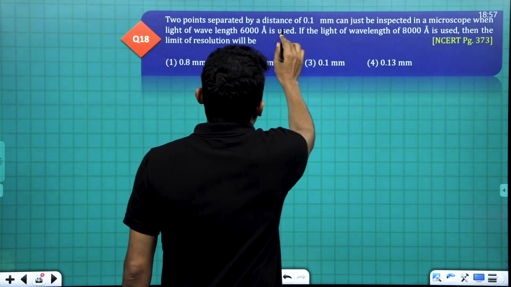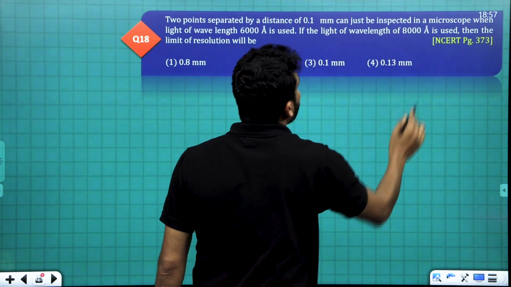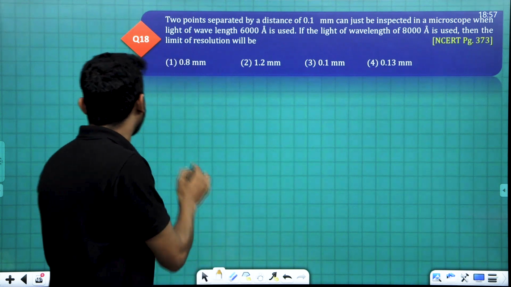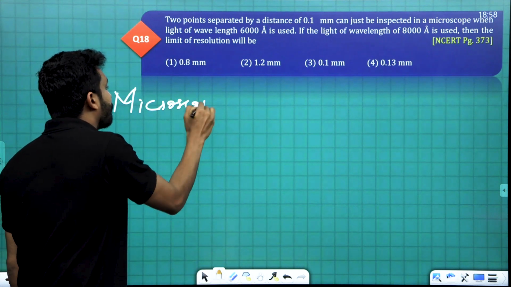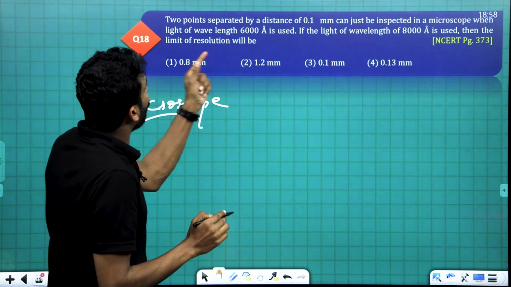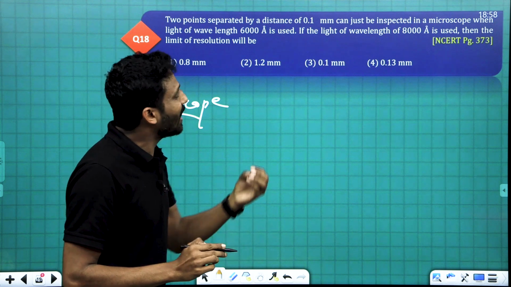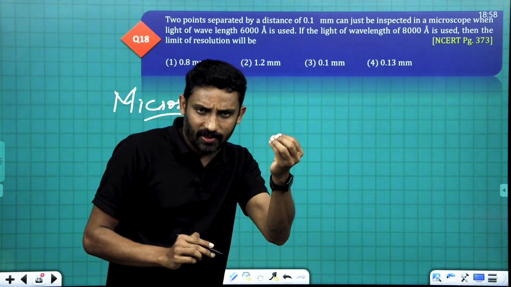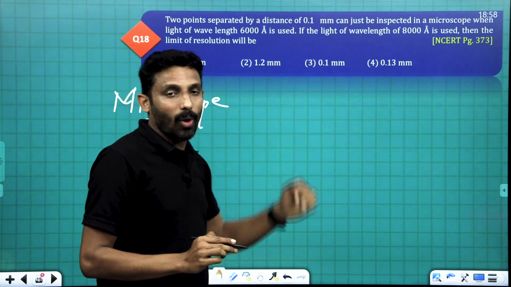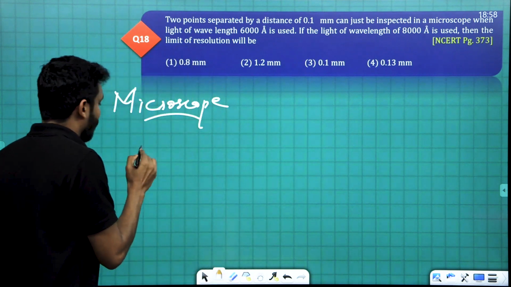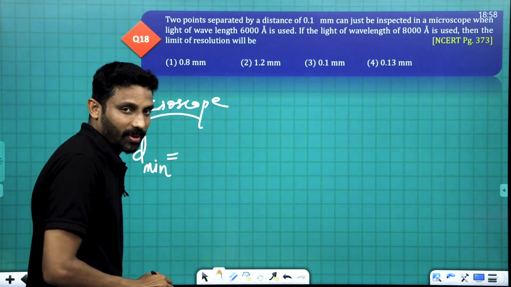Okay, next. Two points separated by a distance of 0.1 millimeter can just be inspected in a microscope. That is the limit of resolution, 0.1 millimeter. We can write D minimum in the case of a microscope.